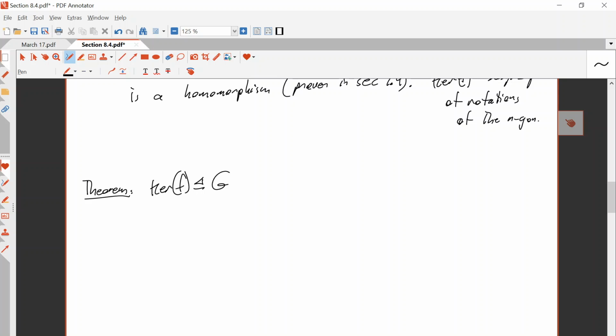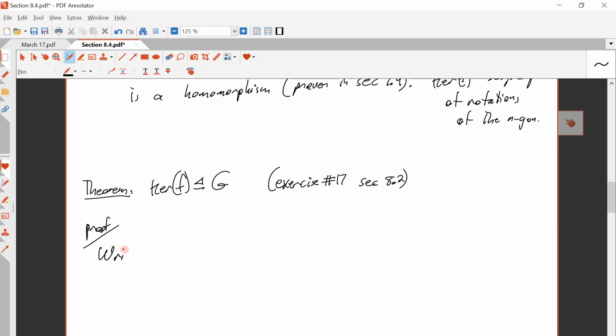It's exercise number 17 in section 8.2. All right, so anyway, let's do a proof.